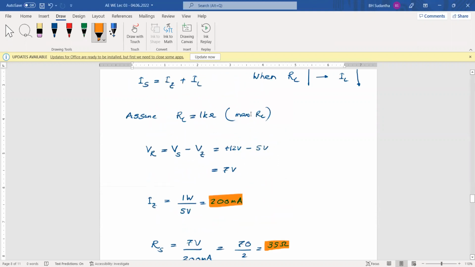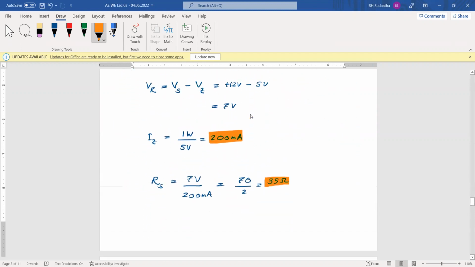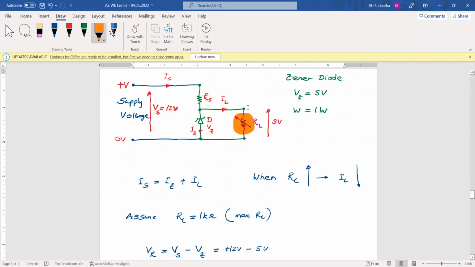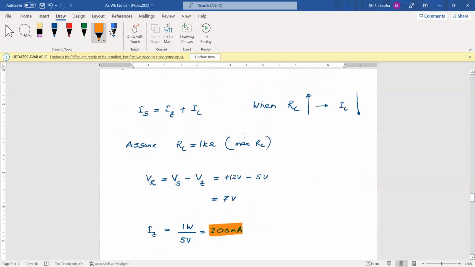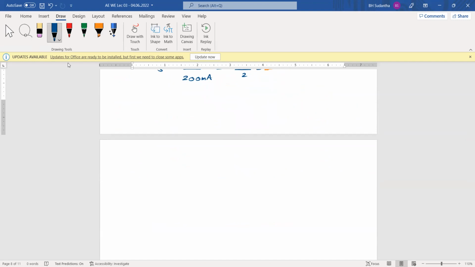Now with all these figures we know that, but during that time the maximum load is here, 1 kilo ohms. Okay, then a 1 kilo ohm resistor is here on the load side. This is RL, 1 kilo ohm. Then we can find the IL current during that time. Then 5 volts is there, divided by 1000 ohms.